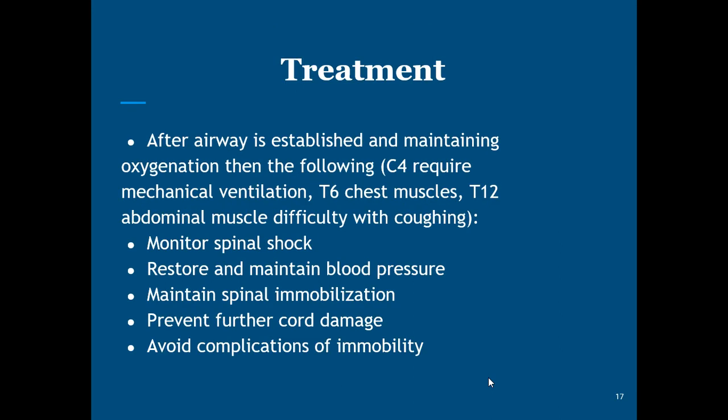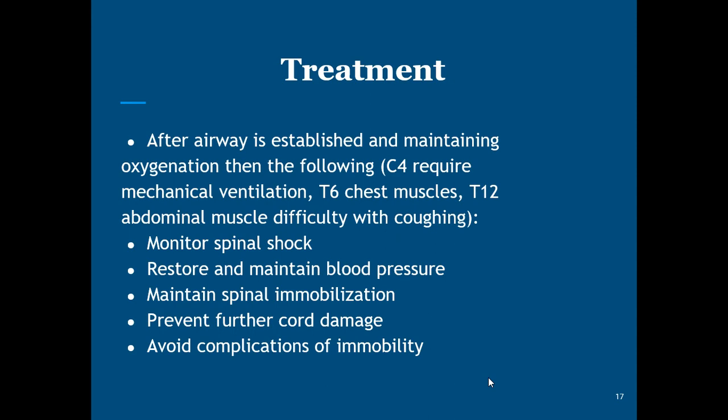All right, so treatment for spinal cord injuries. Again, after the airway is established and we've maintained oxygenation, especially if it's a C4 injury or above, they're going to require mechanical ventilation. T6 is the thoracic section for chest muscles, T12 abdominal muscle, difficulty with coughing, it just depends.